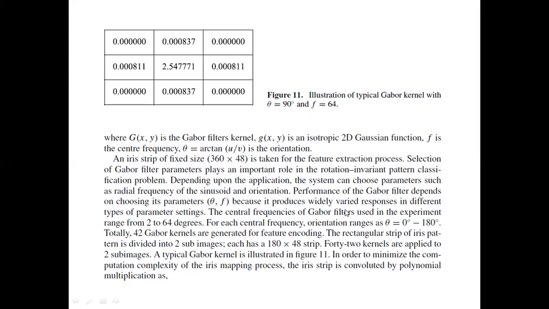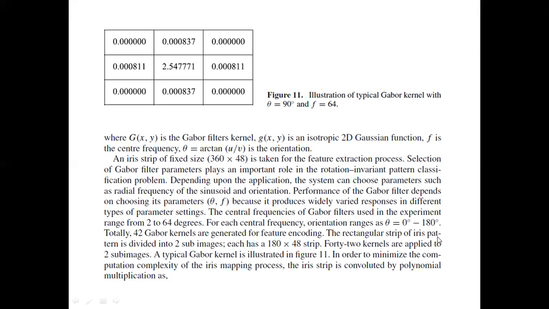The central frequency of the Gabor filter used in the experiment ranges from 2 to 64 central frequencies. For each central frequency, the orientation range theta is 0 degrees to 180 degrees. So 42 Gabor kernels are generated for feature encoding.